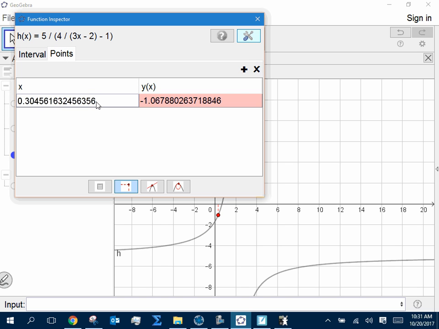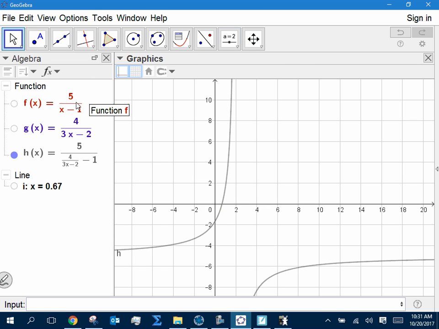If I go this way, I go 2/3. That's kind of weird how it won't accept that fraction, but if I type in 2/3 this way, it gives me back something. I don't know why it does that. I don't know what it's doing here. So GeoGebra, I guess, kind of fails us in this situation.